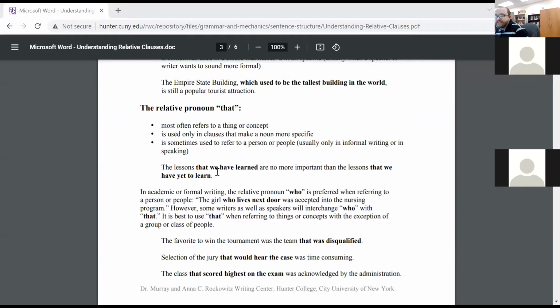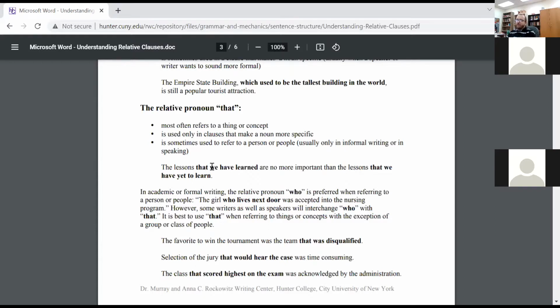So like this sentence, you can omit the "that." You can say, "The lessons we have learned are no more important than the lessons we have yet to learn." Note here that the sentence still makes sense if you leave the "that" out. It's kind of built into the language naturally, so you don't always have to state it.